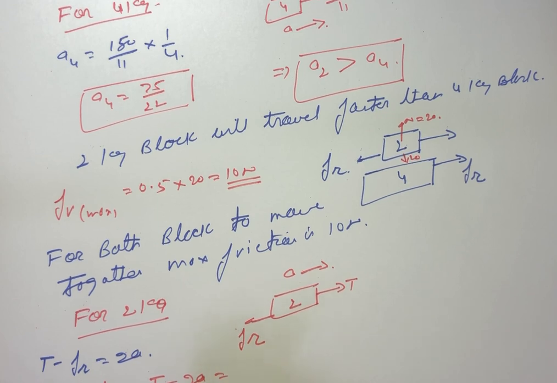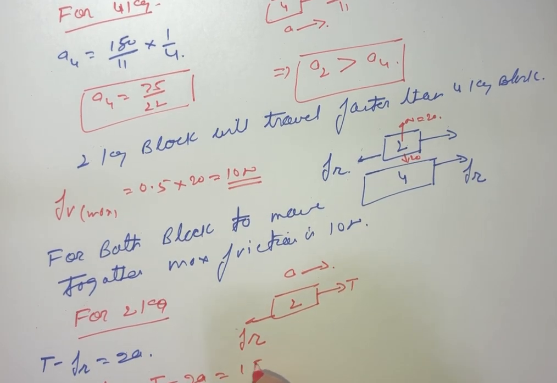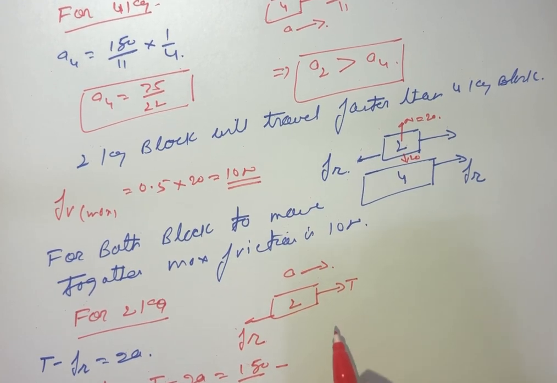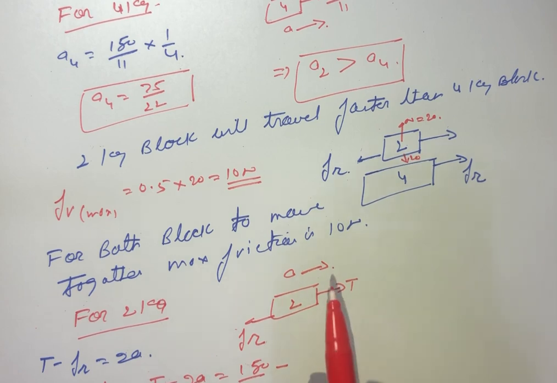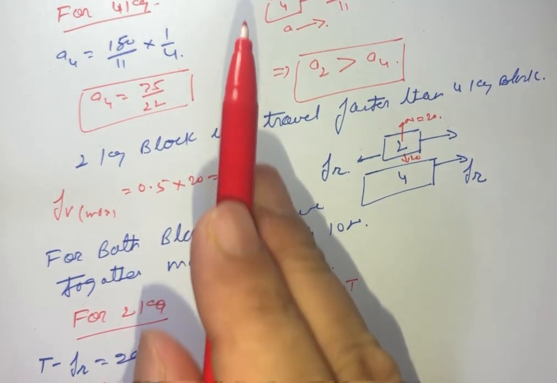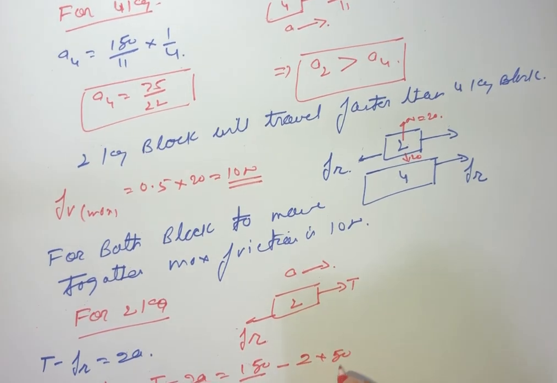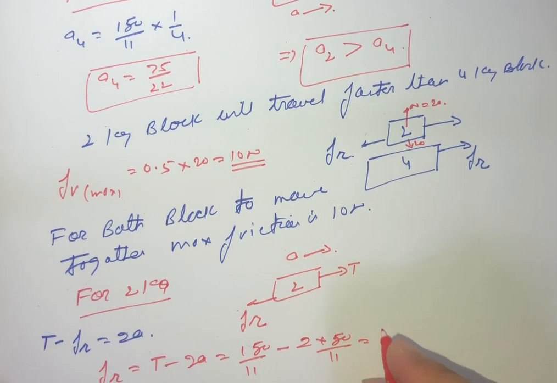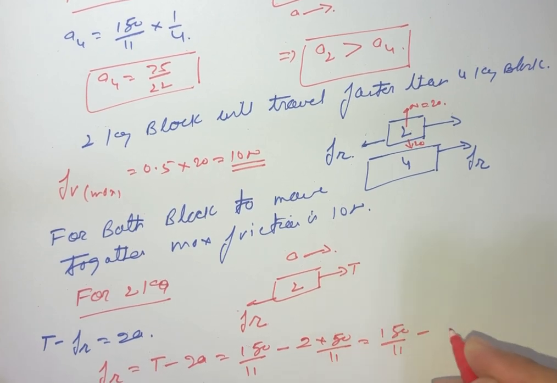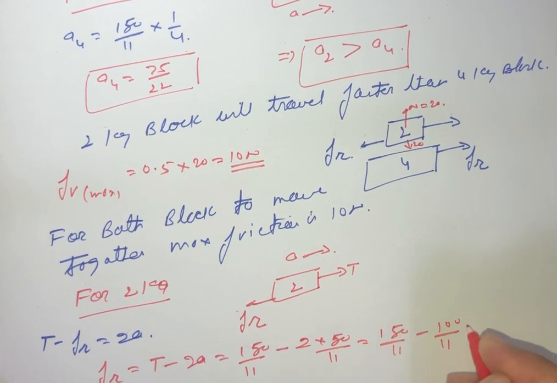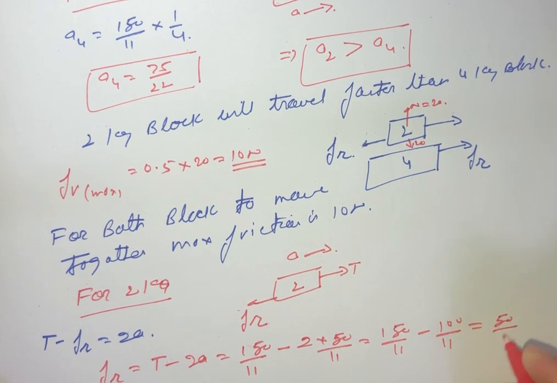The value of tension T we already know is 150 by 11, minus, and our acceleration A was 50 upon 11, so this will be 2 into 50 upon 11. So this will be 150 minus 100 divided by 11, which will be equal to 50 by 11.